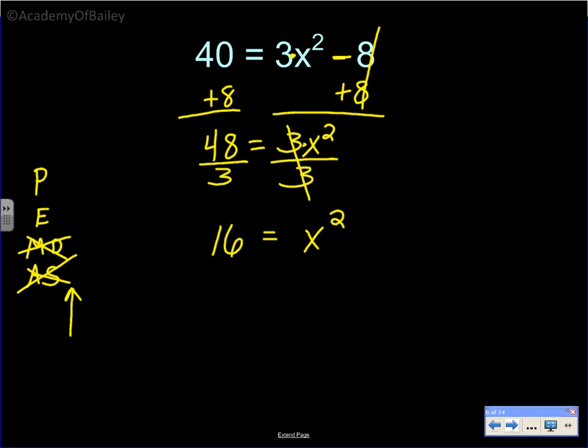How do you get x by itself? Take the square root of both sides. And x should be equal to positive or negative 4, or positive and negative 4.